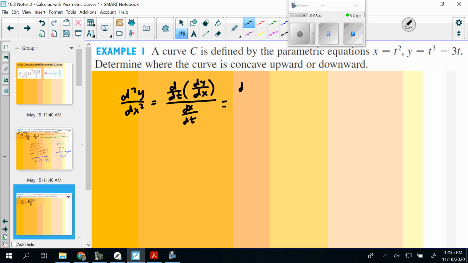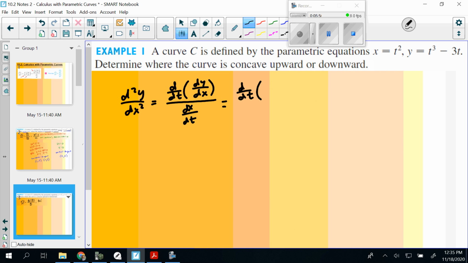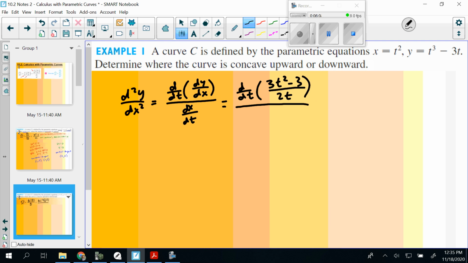Here it's going to be the derivative of our top, which from our last problem came out to be 3t squared minus 3, all over 2t. And on bottom, our dx dt from the last problem came out to be 2t. So now we've got to figure out what that ends up being.